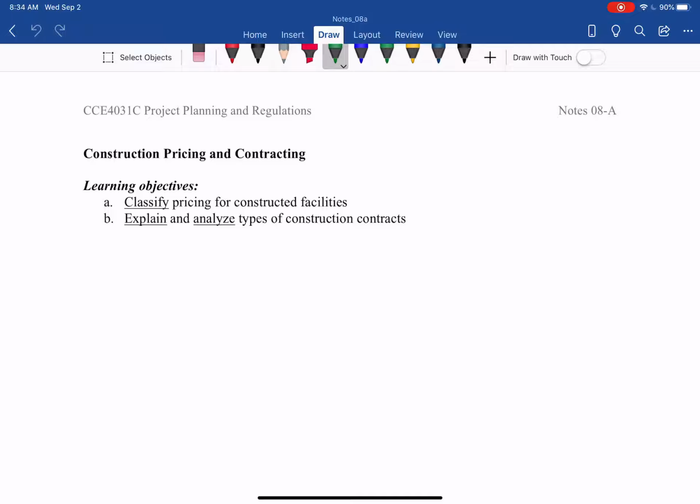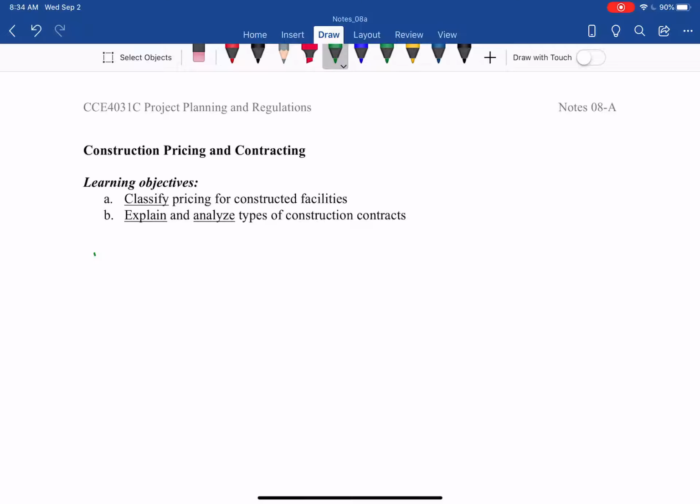So with that, how to price a constructed facility? Basically, the book classifies four different ways of pricing a constructed facility. So let's discuss that pricing.